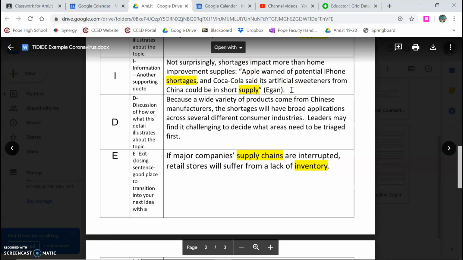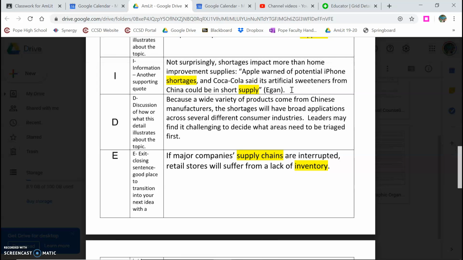Quote, Apple warned of potential iPhone shortages, and Coca-Cola said its artificial sweeteners from China could be in short supply, end quote. I have included my citation with the period at the end after the citation. Because this is a web page or an online article, it doesn't have a page number. But if this came from an actual magazine or a newspaper, it would also have a page number after Egan.